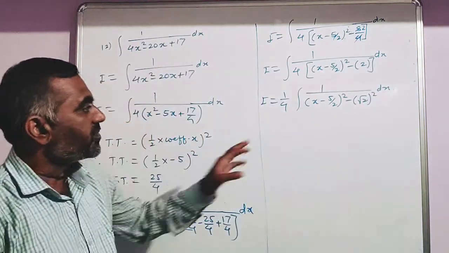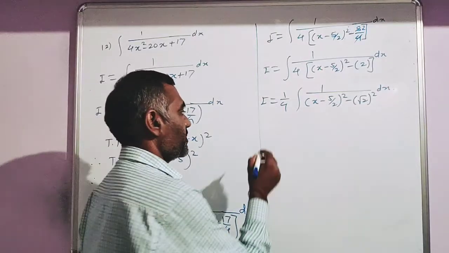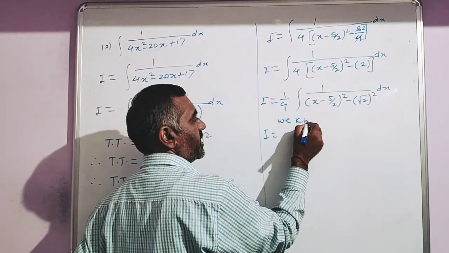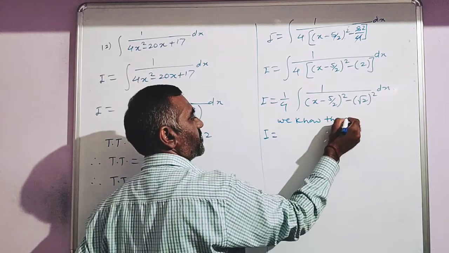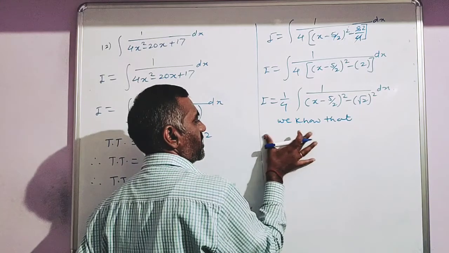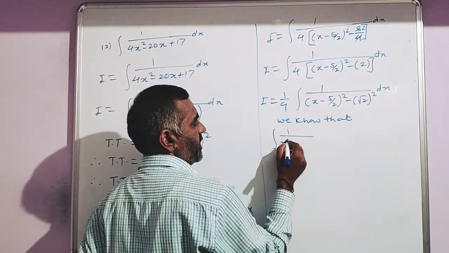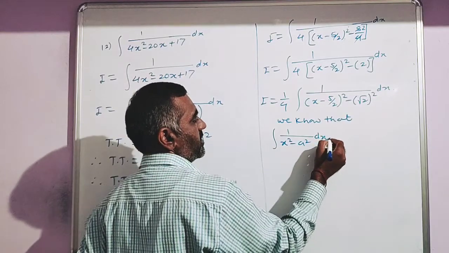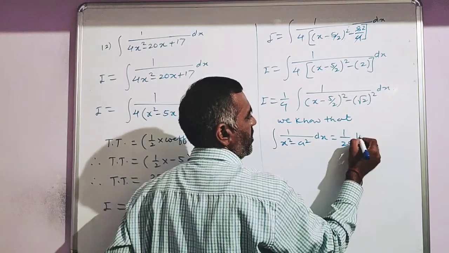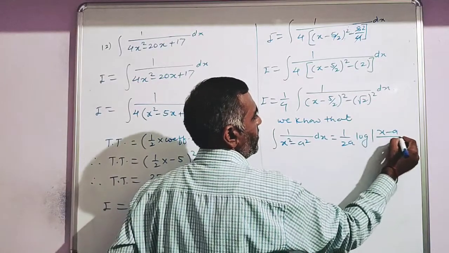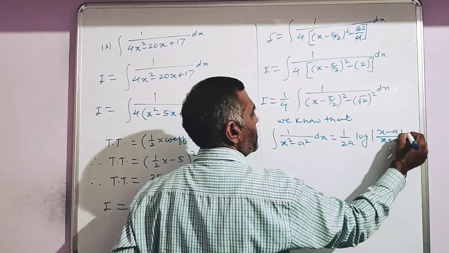This is in the form of x² - a². Therefore we know that the integration of 1/(x² - a²) dx is equal to 1/2a log of mod of (x - a)/(x + a) plus c.